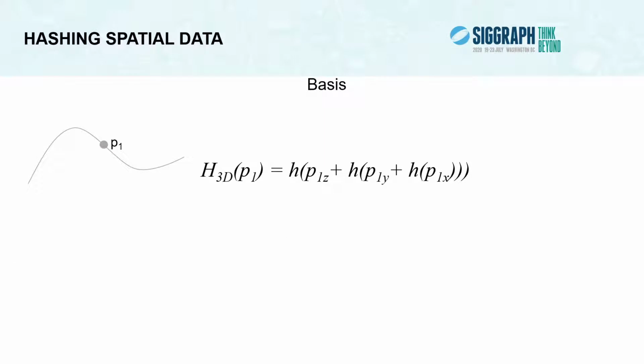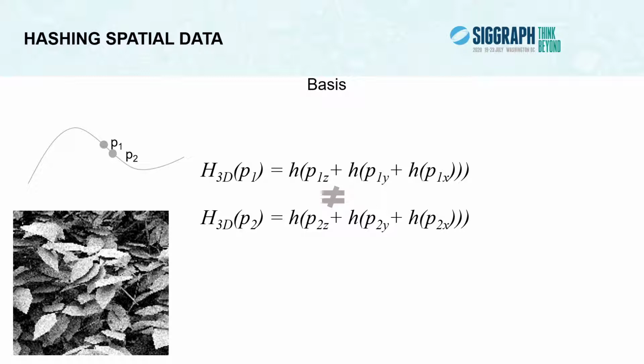So how do we hash a 3D point? We can do that very simply by choosing one 1D hash function, for example, Wang hash or an XOR shift. And we can first hash the first component of our point. Then we add the second component, hash everything together, hash the third component, hash everything together, and we have a 3D hash function.